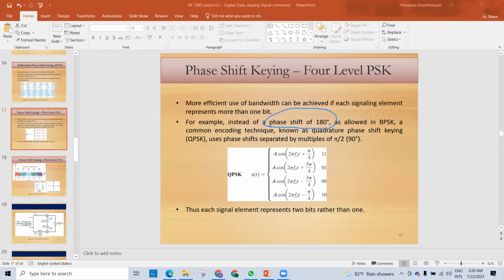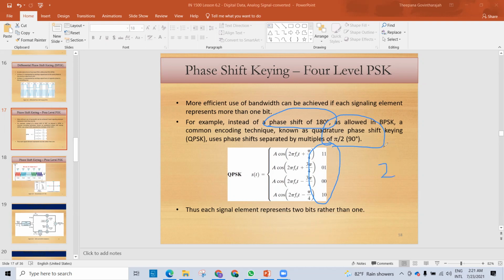But here we need 4 phase levels. So we are shifting by pi by 2, that is 90 degrees. We are going to use 4 different combinations because one signal is representing 2 bits.